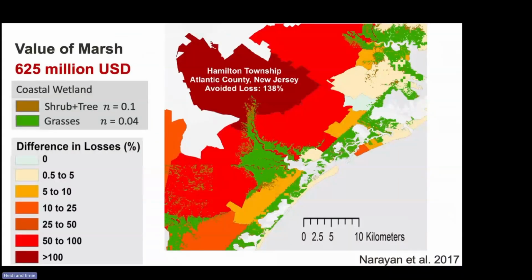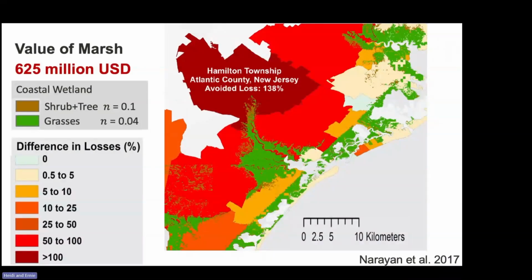I'll start with some motivating examples from the literature. Narayan et al. in 2017 examined the role of coastal marsh in reducing floods and associated damages during Hurricane Sandy, which occurred in 2012. They modeled the eastern coast of the United States, and I'm showing just a close-up of New Jersey.